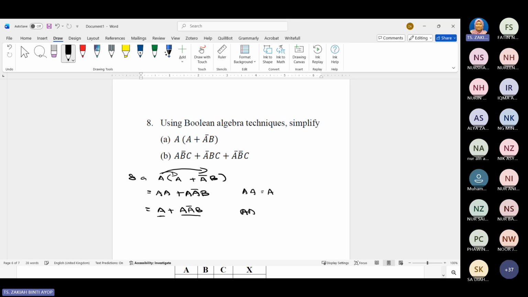A dot A bar is actually 0, and 0 dot B will become 0 also. So in this case, A plus 0 is actually A. So the final answer is A.